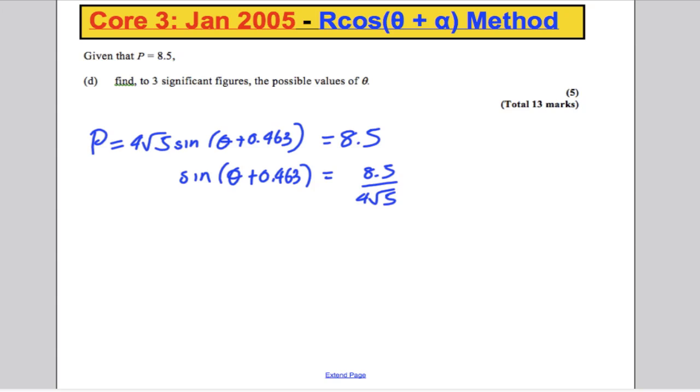So 8.5 divided by 4 root 5 is equal to 0.95, and so on. Actually, there's no need to write that down. You just say that therefore theta plus 0.463 is equal to the inverse sine of 8.5 over 4 root 5.